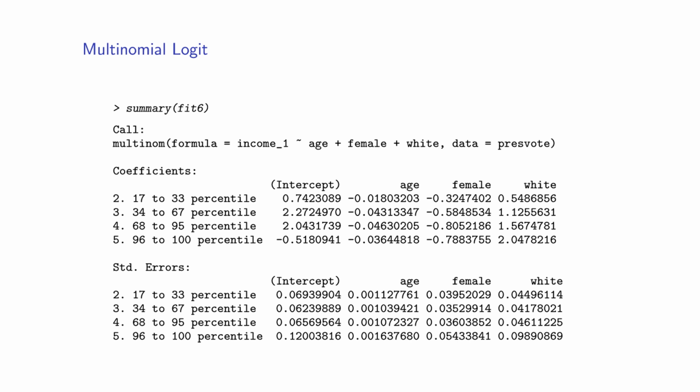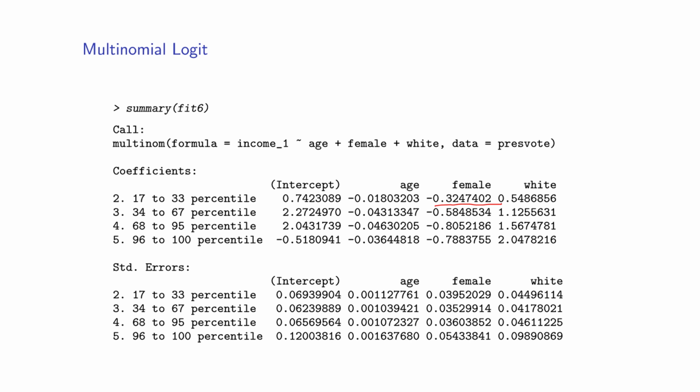So let's take, for example, the coefficient for female in the second income category. Directly, it means that for women, the multinomial log of odds of being in the second income category compared to the first income category decreases by 0.32.